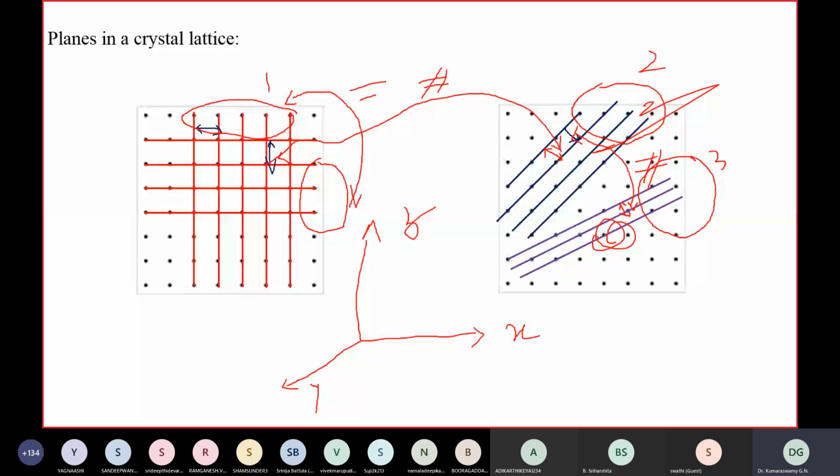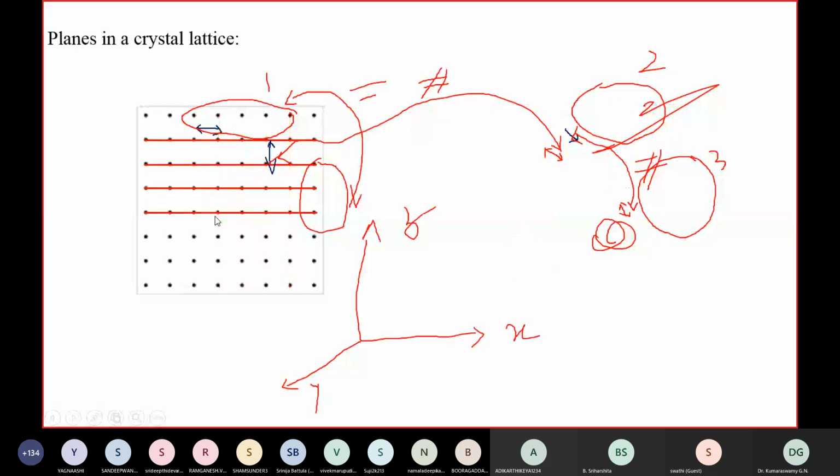Now, see here. Let's start from here. This is a lattice, right? You can construct this lattice starting from any point, then go on translating the basis vectors A and B along different directions as well as C. You get the lattice.